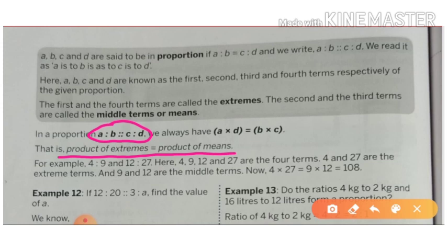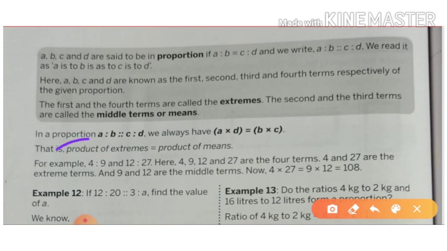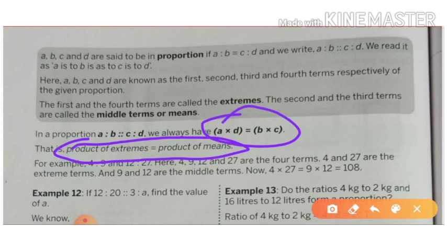Product of the extremes means A and D are the extremes, so product means multiply, and the means are the middle values, B into C. So always remember, product of the extremes is equal to product of the means. A into D is equal to B into C. It comes from here.